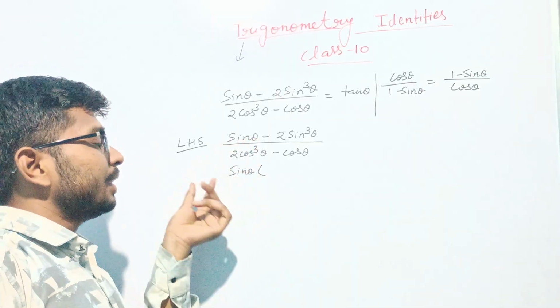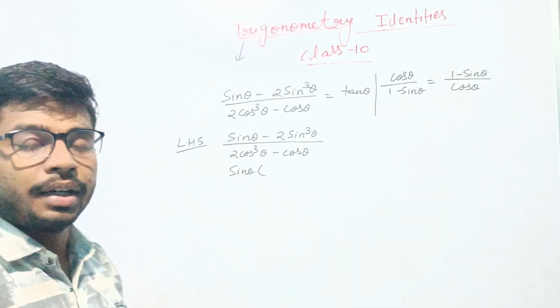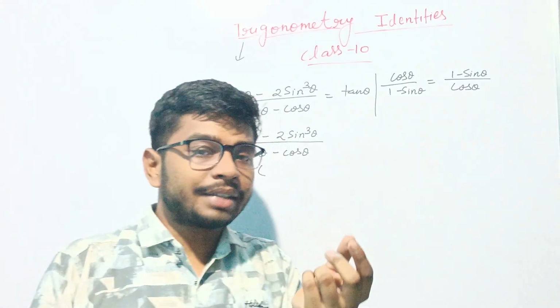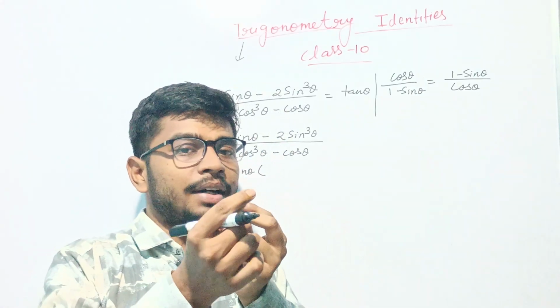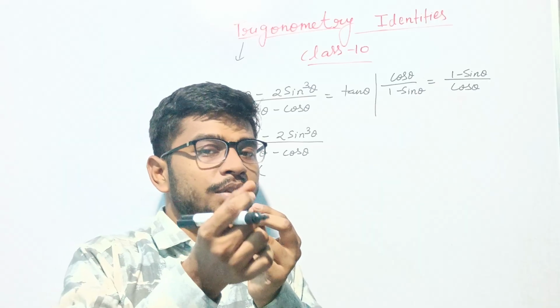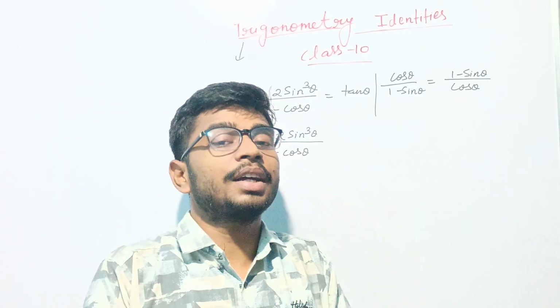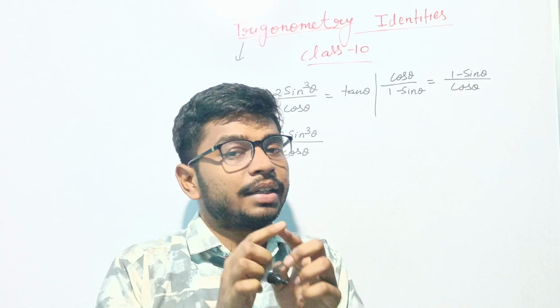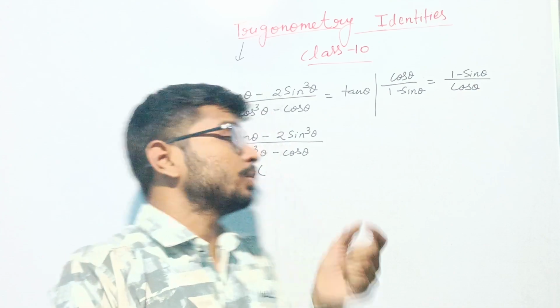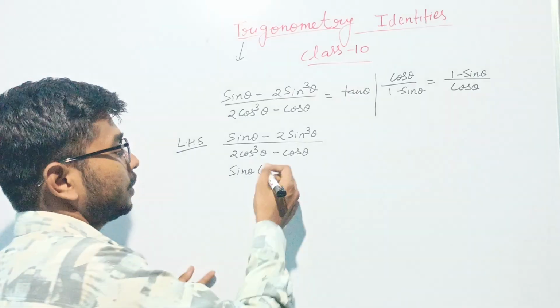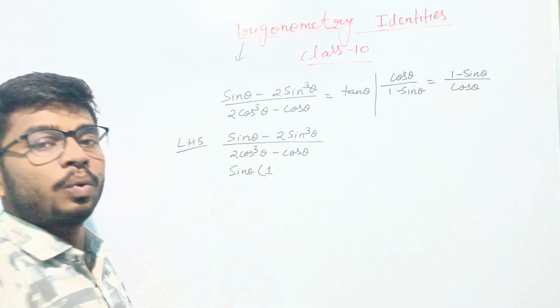You will think 0, but no, sin theta into 0 will be 0. You are taking sin theta common, so what will be inside? What value makes sin theta? If you multiply by 1, sin theta into 1 is sin theta, so sin theta is out, and inside the bracket will be 1.